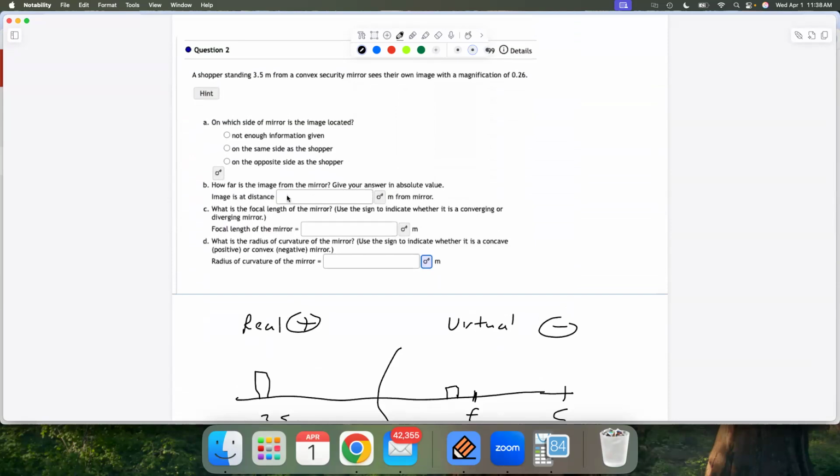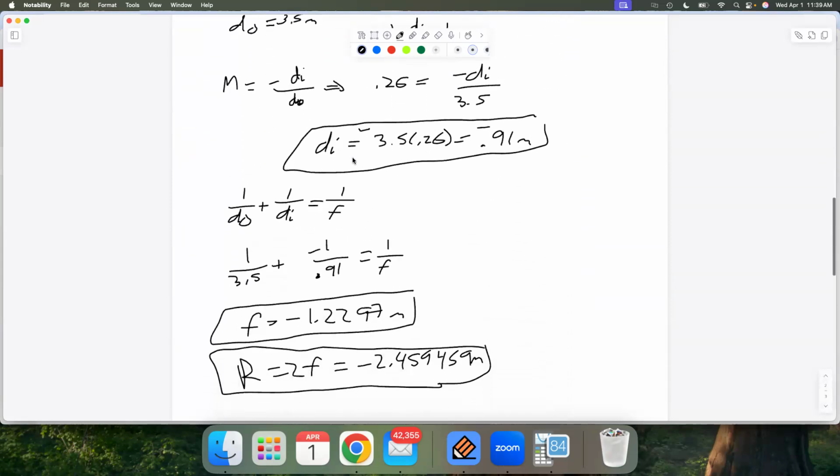I've already taken care of the negative. So part B, they just wanted 0.91. But for the rest of these, they did want me to include the negative. So I would have my negative number for focal length and twice that for the radius of curvature. Again, this is a negative. And here are all the numbers. And that's a good place to stop with this one.